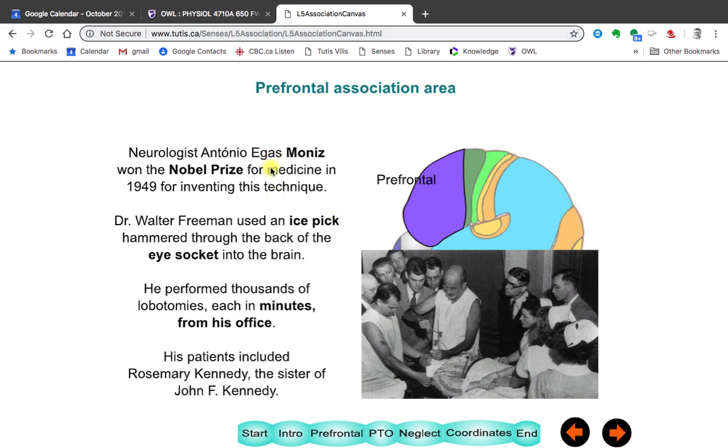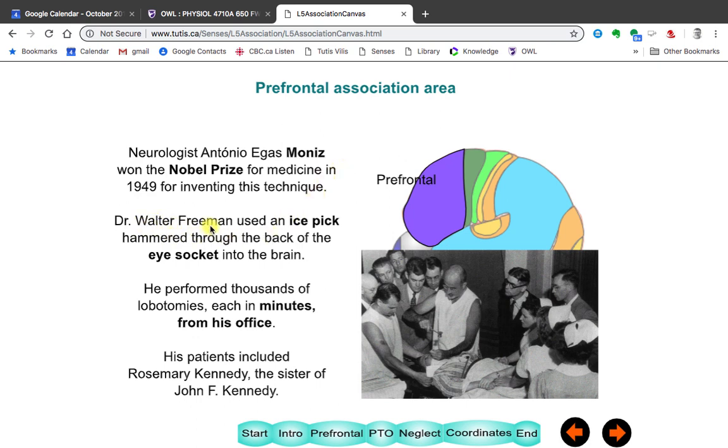A fellow by the name of Moniz, a Spanish fellow, won a Nobel Prize for coming up with this technique. So, you know, I think most of us would be kind of shocked that someone would get a Nobel Prize for something like this.